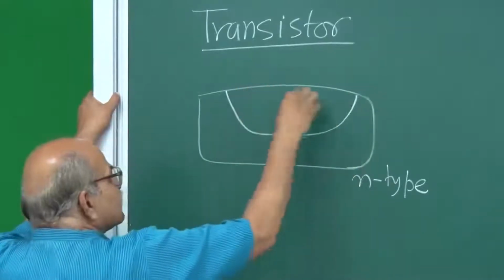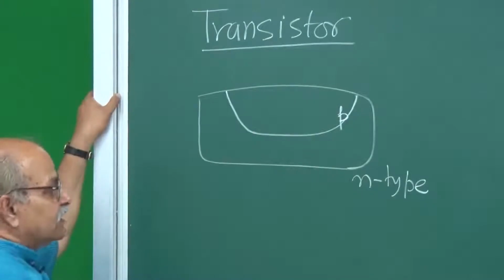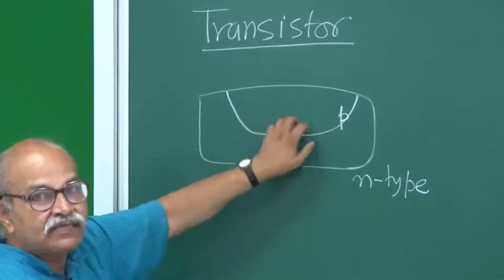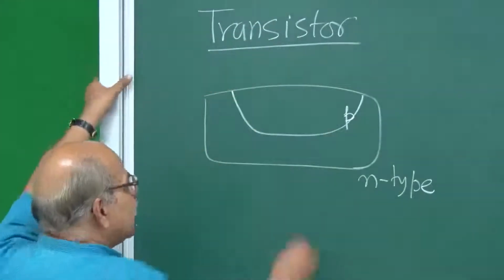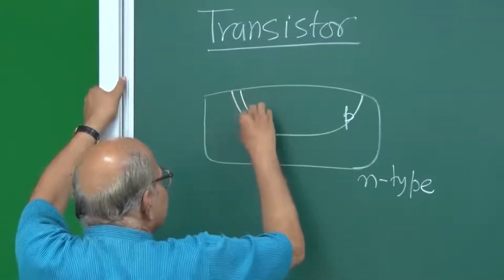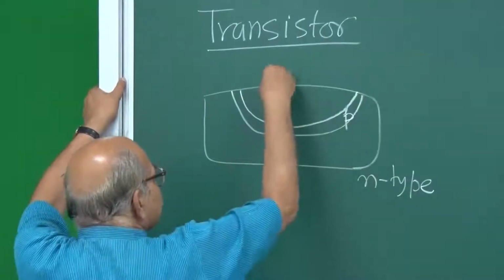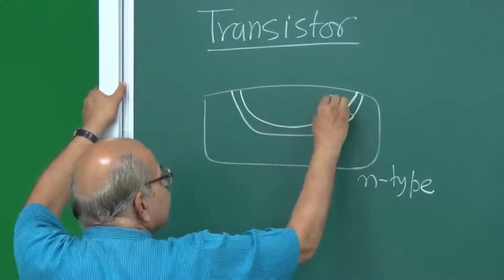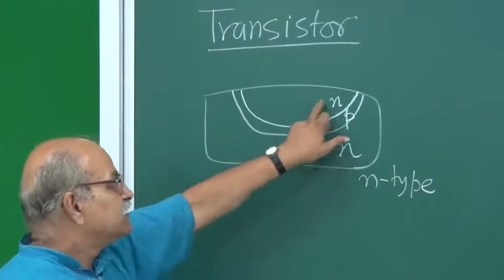Then you get a Pn junction, and then further diffuse n-type impurities from the top and make this n-type. So, I further diffuse these donor impurities to make this n-type. So, this was already n-type, and this is p-type, and this is n-type.